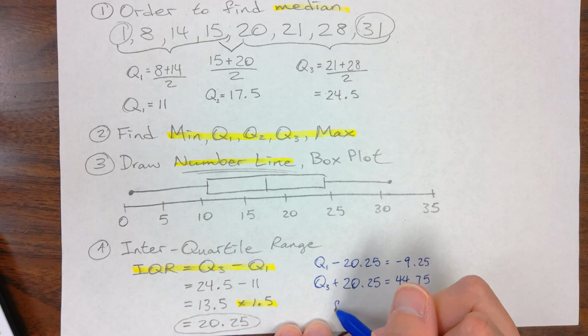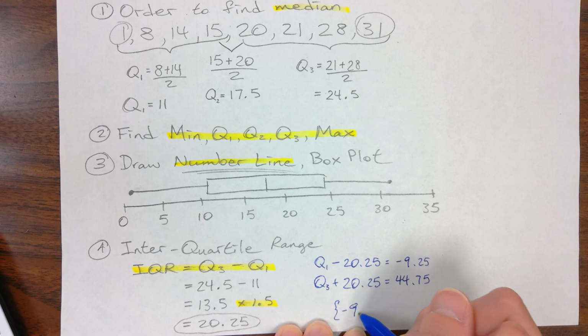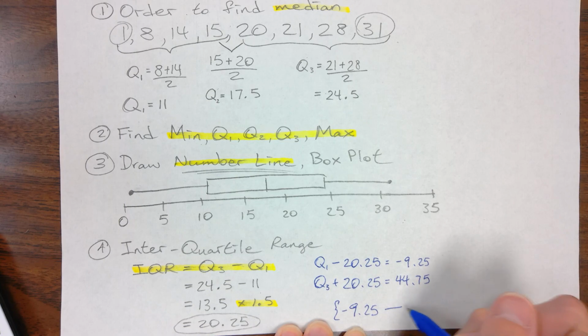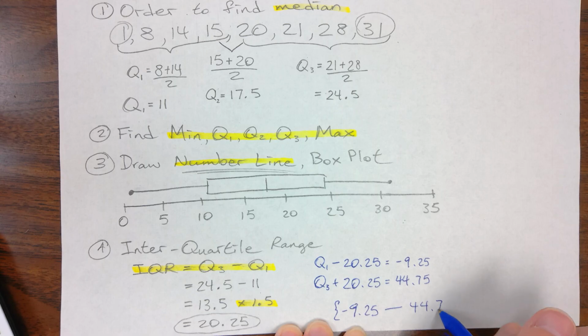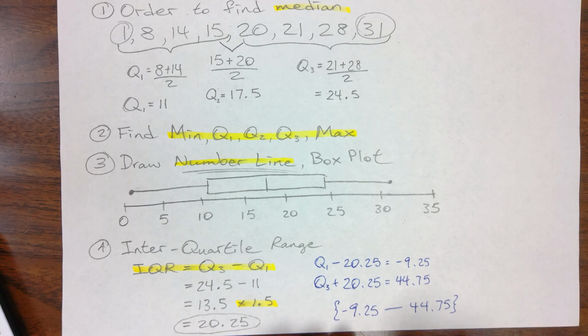So anything between those is considered your regular range. Anything outside of that is considered an outlier.